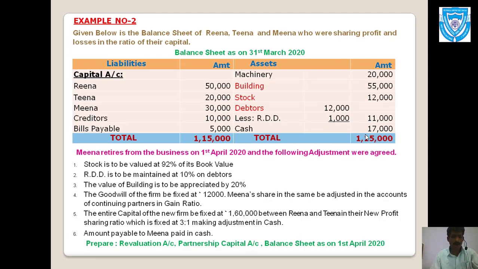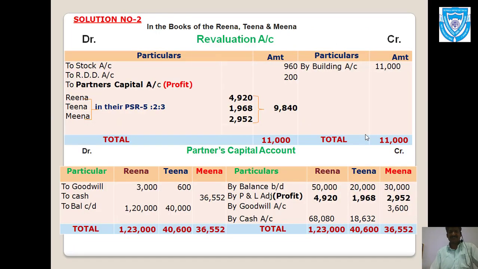It is amount payable to Meena, paid in cash. Now let us first find out the amount payable to Meena, that is the retiring partner. We have considered all the adjustments of Meena first. So make a total of credit side of capital account of Meena's account. So we got 36,550.